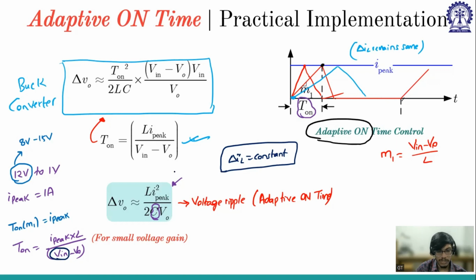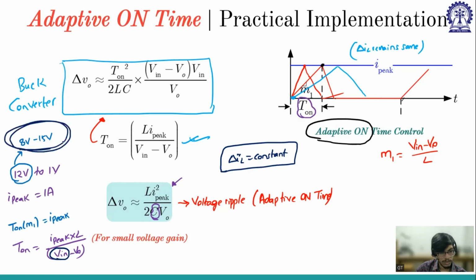What is your confusion? Adaptive on time control, it is clear. Based on the input, the on time is changing. Yes. But I'm considering only constant on time control. Yes.